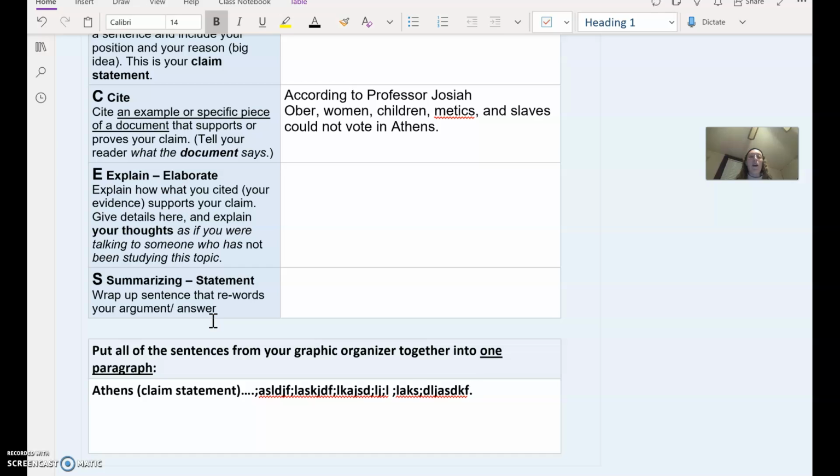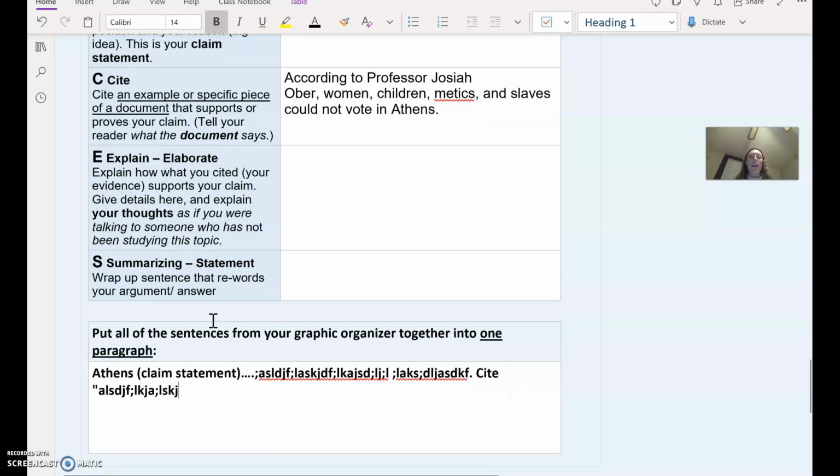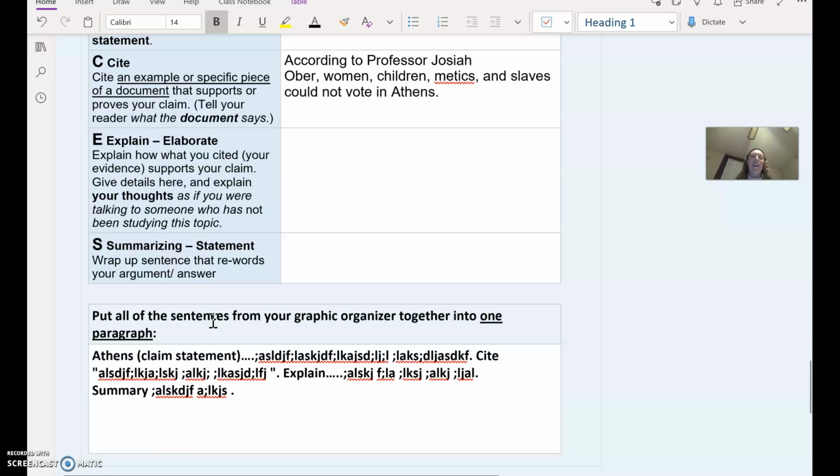I'm going to press the space bar, and now I'm going to do the cite, which is something like this. Isn't my essay lovely? I have a period at the end of that one. I press the space bar. I go on to explain. There's the end of my explain. And now I go on to the summary. And I'm done.